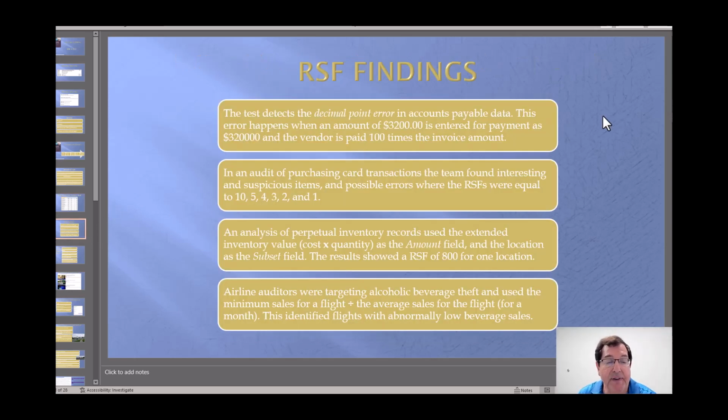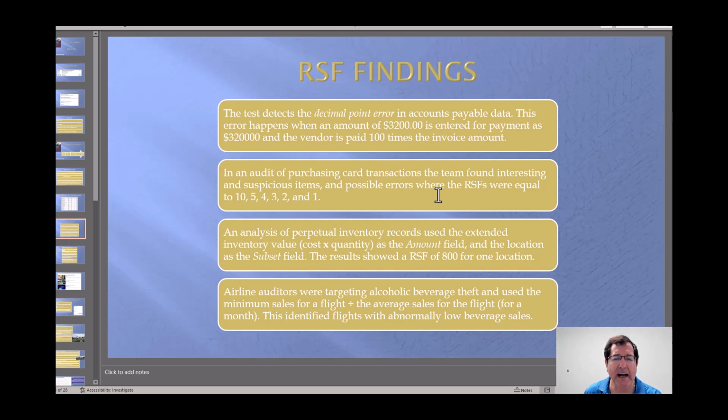The relative size factor is very good at finding what I call the decimal point error. This is where we owe the vendor $3,200, we leave off the decimal point and pay them $320,000 in error, and the vendor gets paid 100 times the invoice amount because of that little dot that should have been there but wasn't.